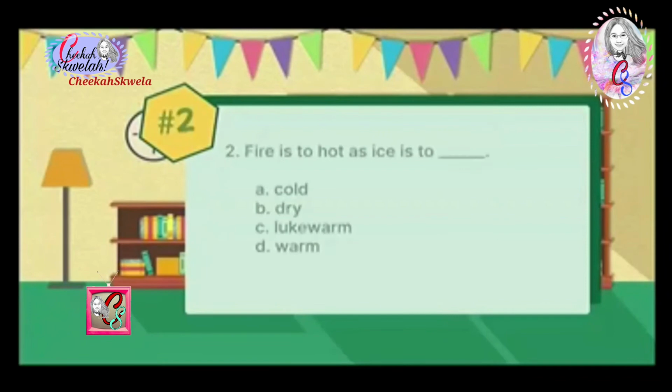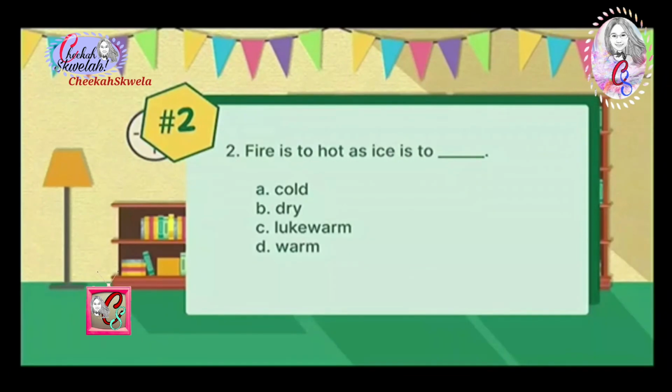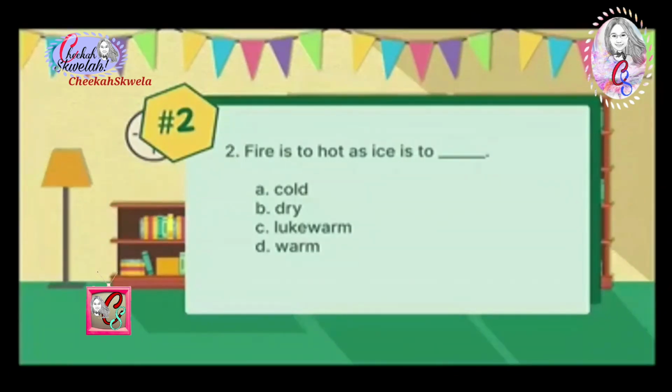For number 2, fire is to hot as ice is to blank. Is it letter A, cold? Or B, dry? Letter C, lukewarm? Or letter D, warm?